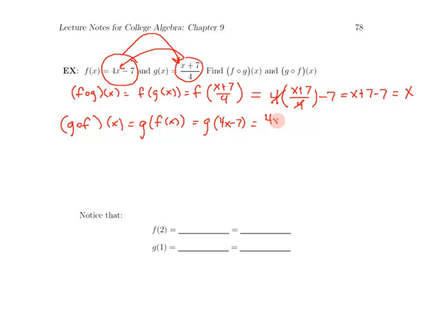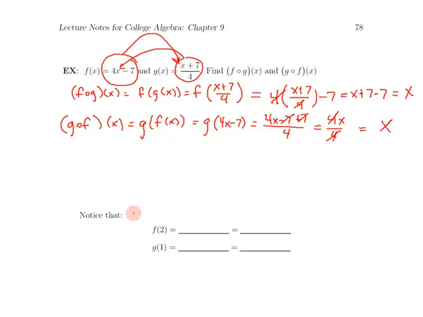So I have 4x minus 7 plus 7 all over 4. The 7's cancel, and I'm left with 4x over 4. The 4's divide out, and I'm left with what? X. Again, g composed with f of some number is that same number.